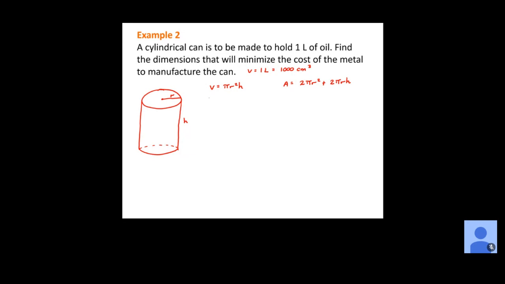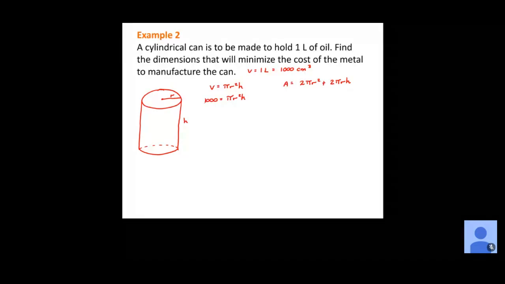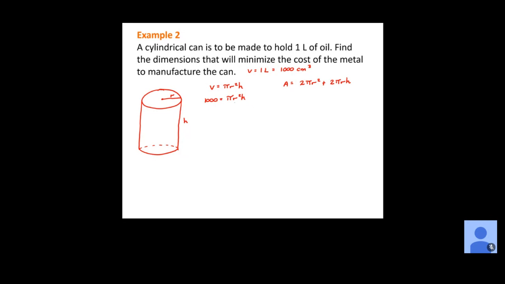Okay, so now that volume formula, I'm going to put 1,000 equals pi r squared h. All right, now what variable do you want to solve for here? All right, so if we solve for h, we're just going to divide by the pi r squared.